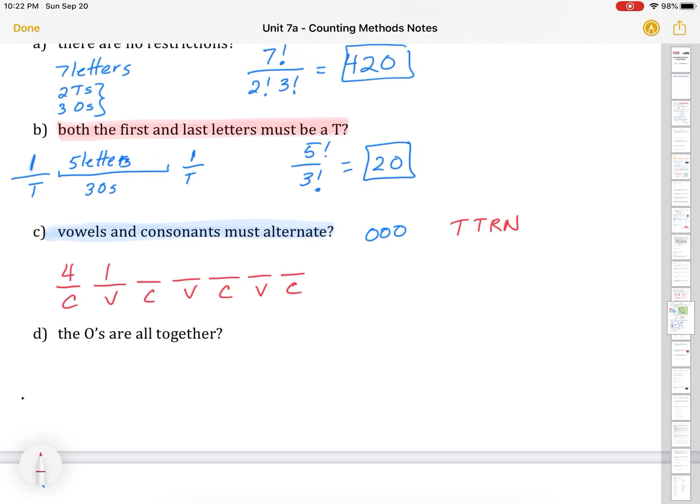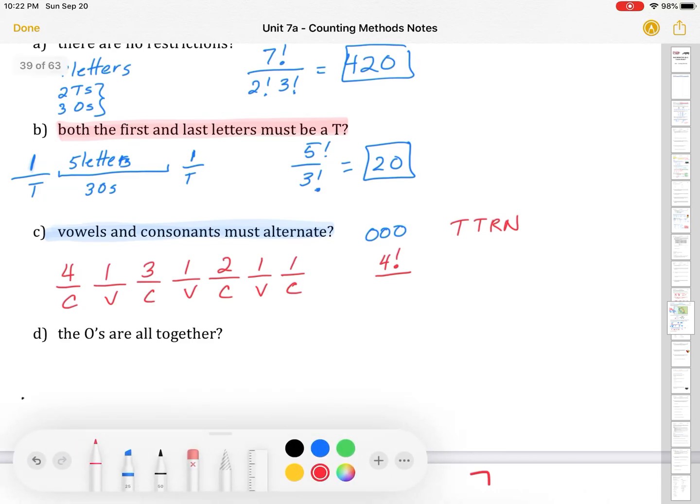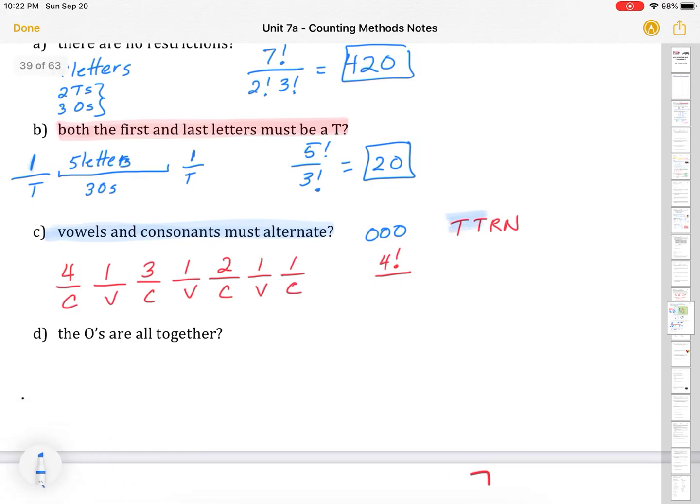So let's see what options we have. For consonants, I have 4 options. Vowels, I have 1 option because they're all O's. Consonants, I have 3 options. Vowels, I have one option because they're all O's. Consonants, I still have two options, vowels 1, and then consonants 1. Taking a look at what we're doing here, we've got 4 times 3 times 2 times 1, which is 4 factorial.